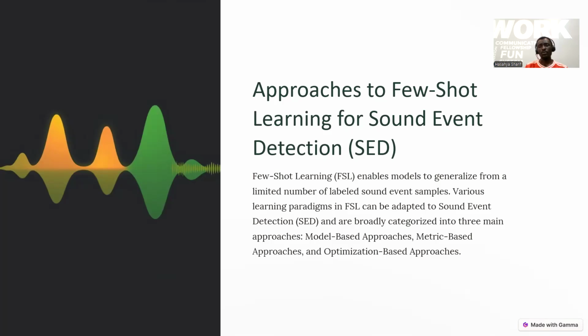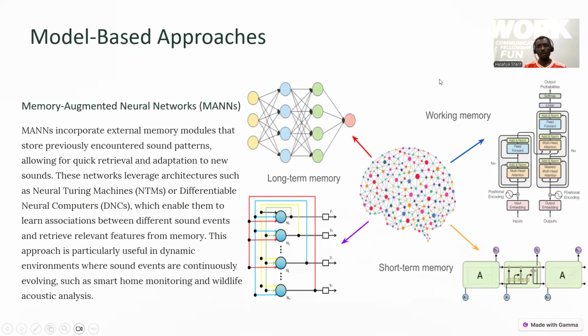So to begin with, in model-based approaches we have the MANNs, which is short for memory augmented neural networks. These are models which use external storage to facilitate learning.